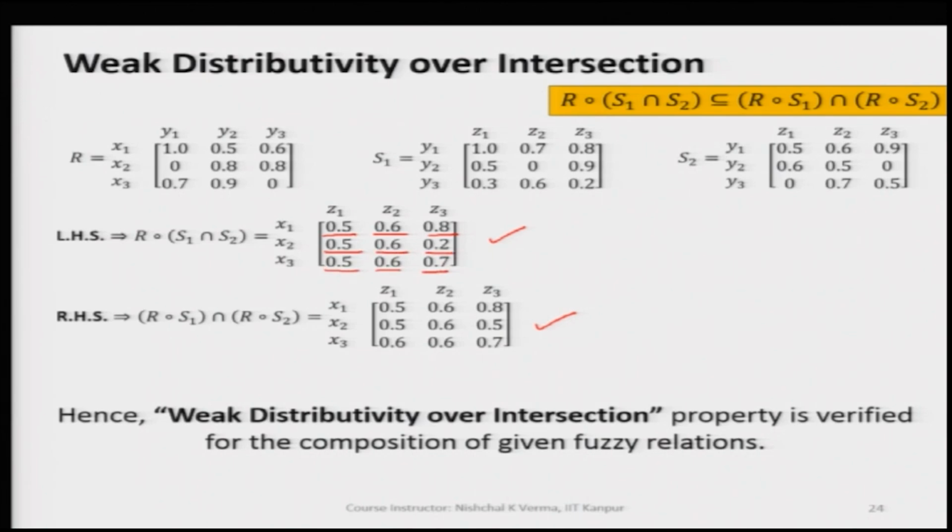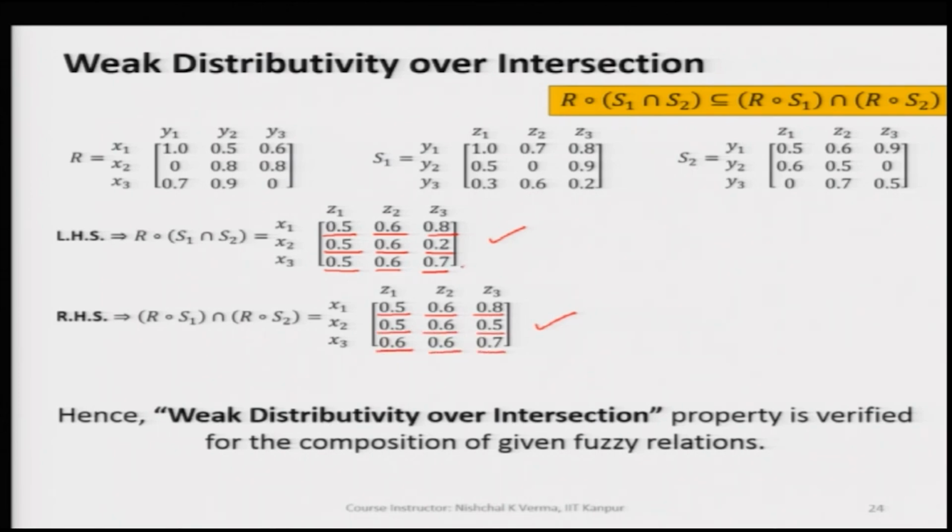And similarly, when we see the corresponding elements in the case of RHS, where we have the intersection of R composition S1 and R composition S2, we see that we have 0.5, 0.6, 0.8, 0.5, 0.6, 0.5, 0.6, 0.6, 0.7.